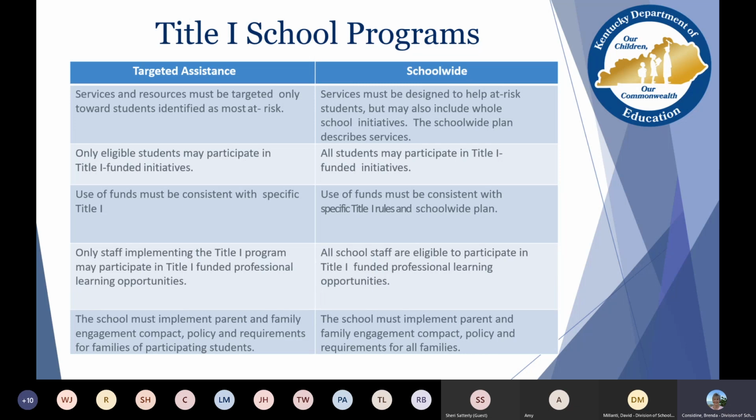So if you're targeted assistance, only those affiliated with Title I may participate in a Title I funded professional learning opportunity. And the school must implement parent-family engagement, compact policy, and requirements for just the families of participating students with targeted assistance, whereas if you're school-wide, you can offer that for all your families.